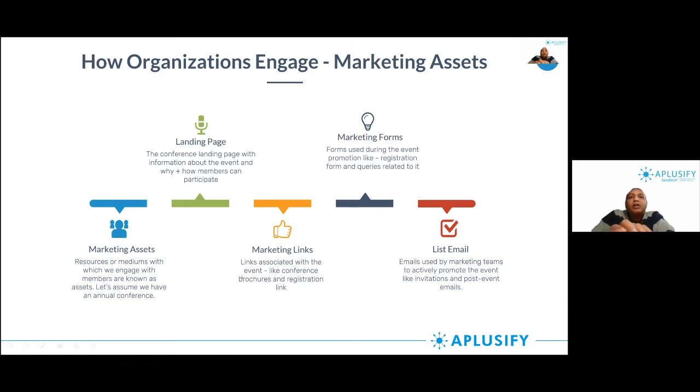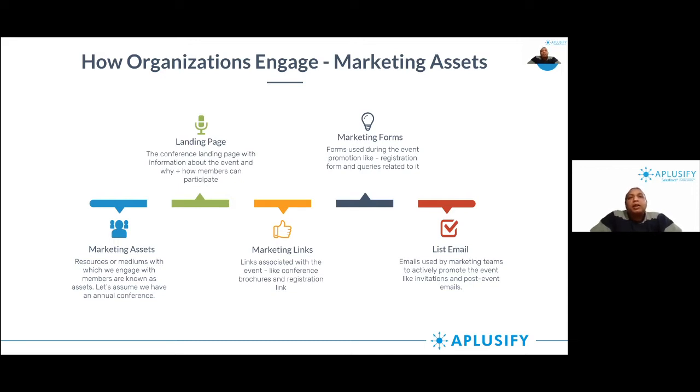So as you can see, all of these, landing pages, marketing links, marketing forms, and emails, are marketing assets which are used by the marketing team to promote their event. Now, all this information is only accessible to the marketing team in the tool they might be using, let's say Pardot.